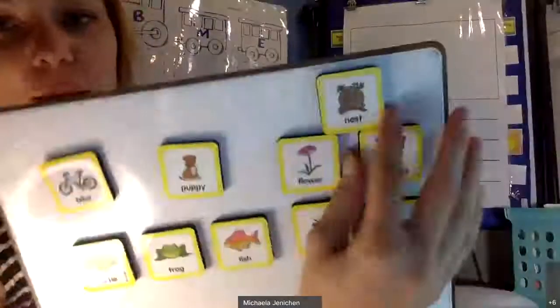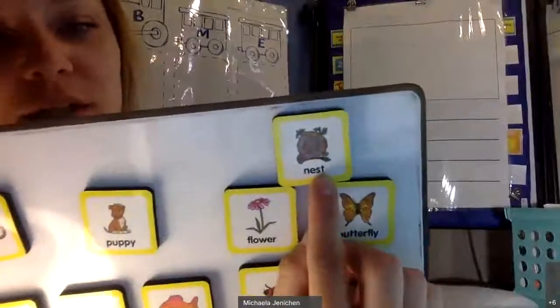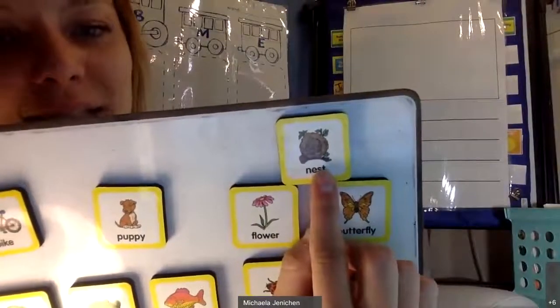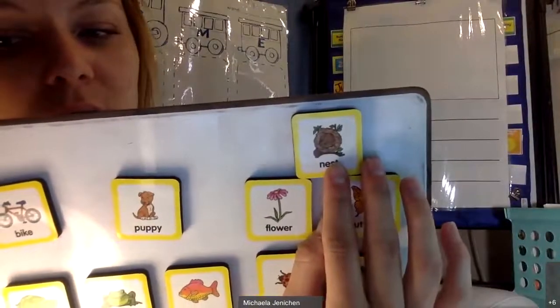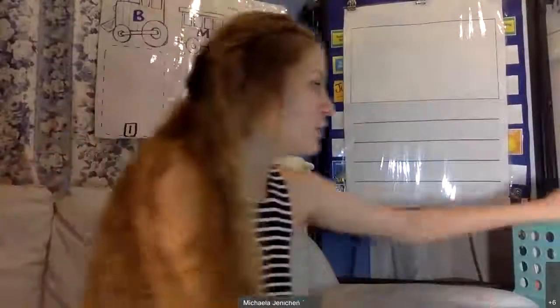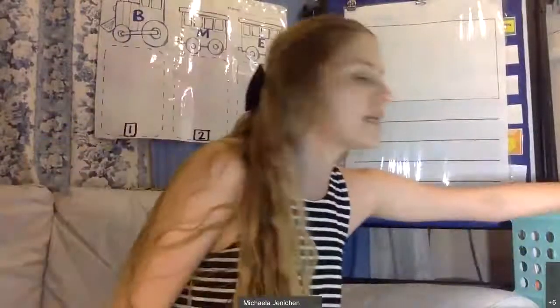I like it. So I'm thinking we start by drawing a picture of a tree, and in the tree is going to be a nest. Okay? So here's what it's going to look like. You're going to take your pencil. I'm only using one color. I'm not going crazy coloring.